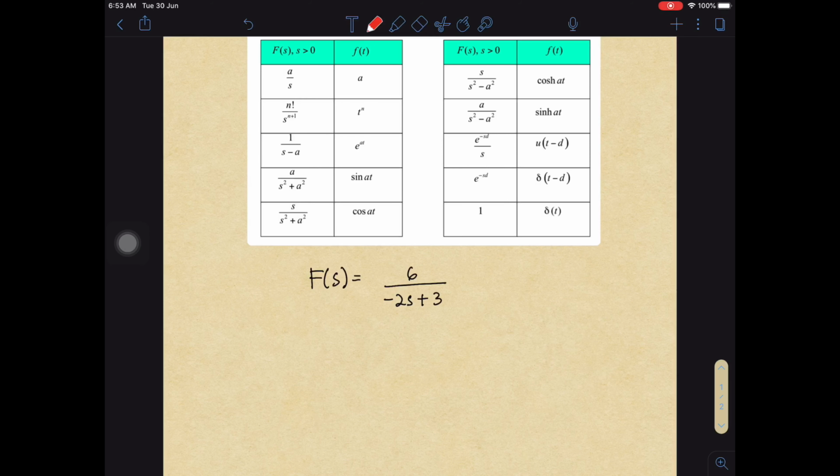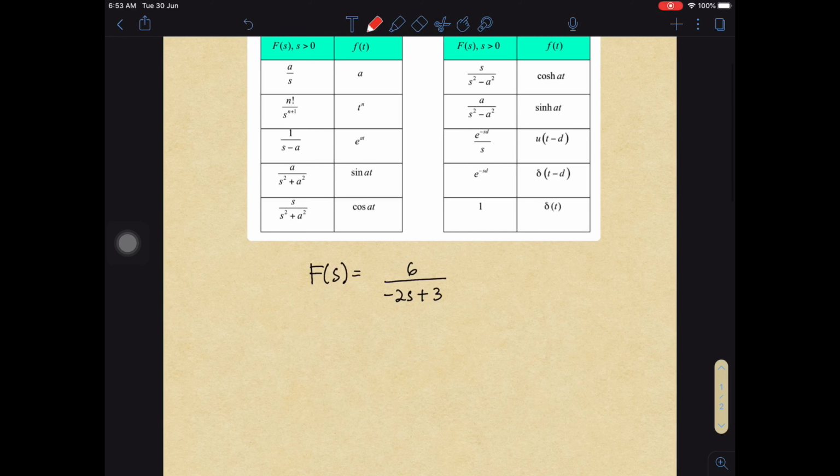If you have only the single variable s in the denominator, but with a power of more than 1, this is related to f(t) equal to t to the power of n, because the denominator is s to the power of n plus 1.